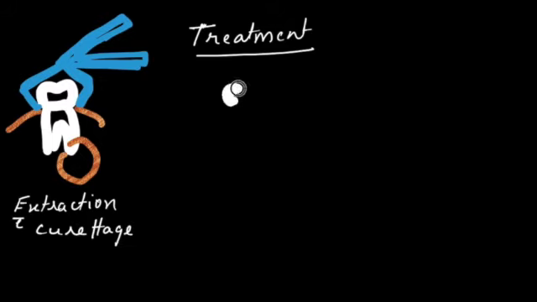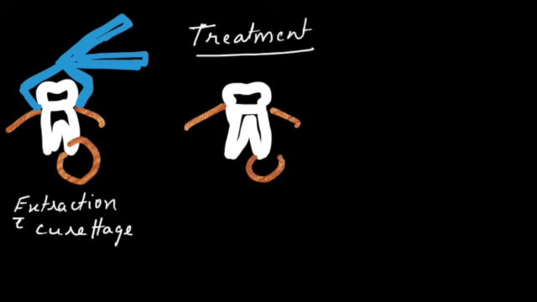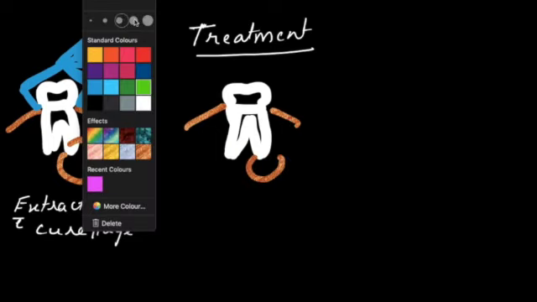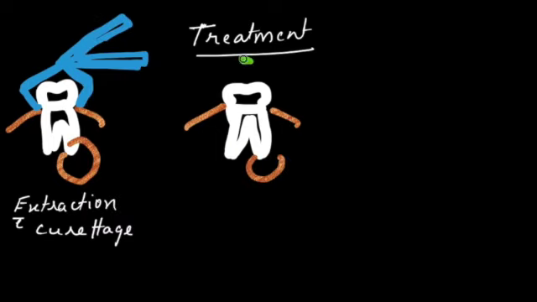Next, if this tooth is not very badly damaged, if we can save the tooth, then we can do an endodontic treatment, that is RCT, root canal treatment. This is an endodontic file. And the periapical lesion will heal slowly. So this is root canal treatment for this lesion.